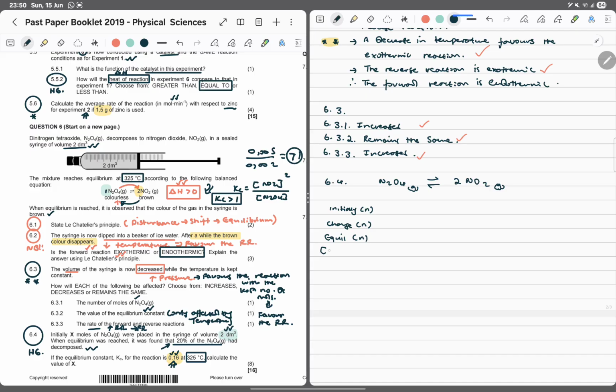Once we use square brackets here, automatically we mean mol per decimeter cubed, because square brackets mean molar concentrations. Small letter n means number of moles in mol. There's no need to write more than that if you are comfortable. If you're not, you can do whatever you are told to do, but for me, this is enough.